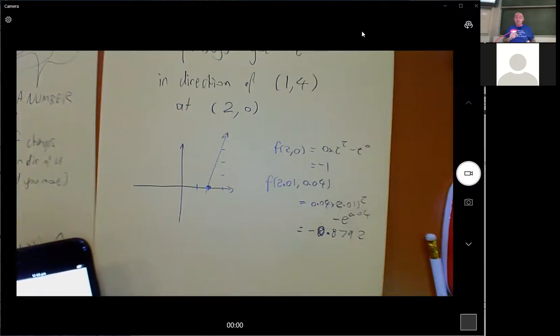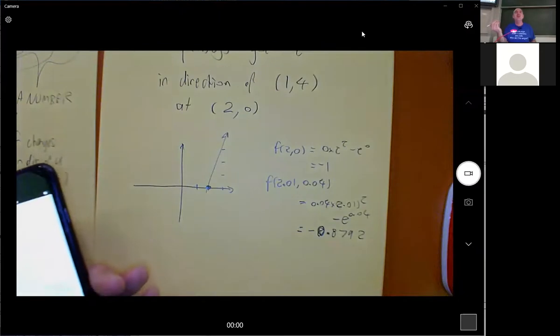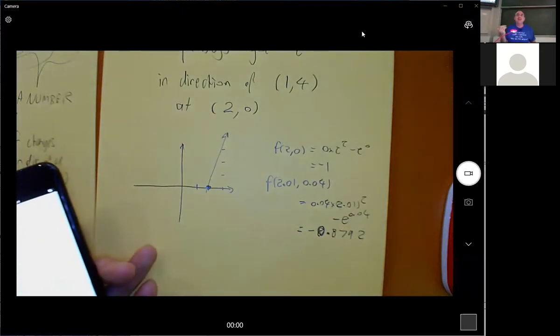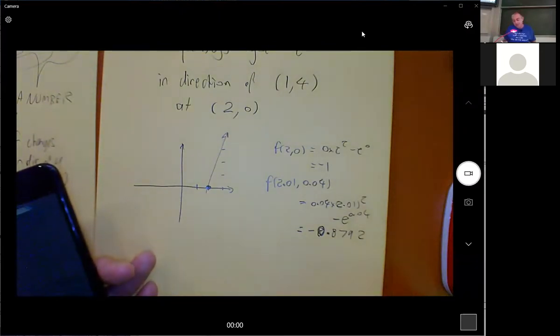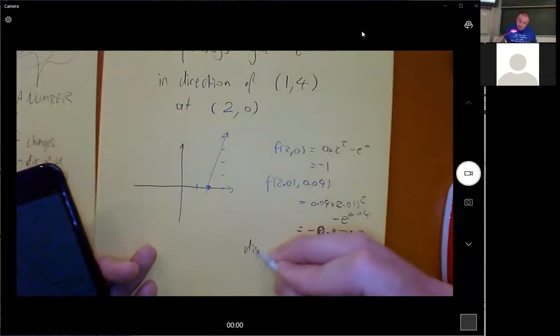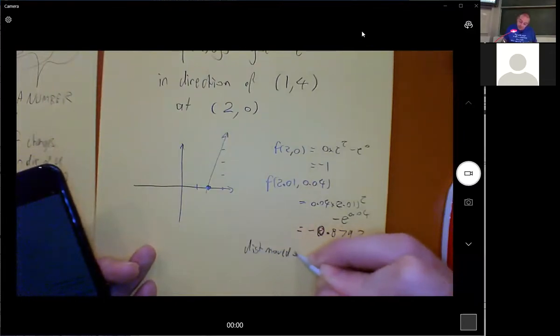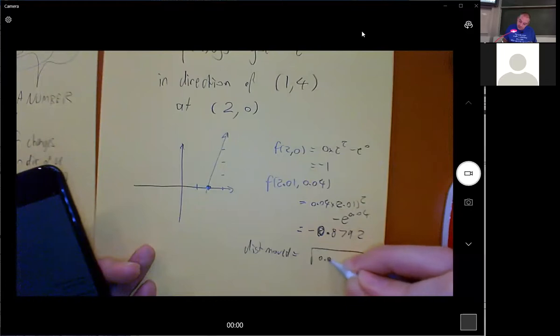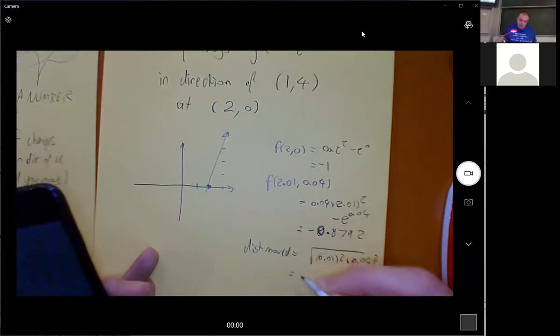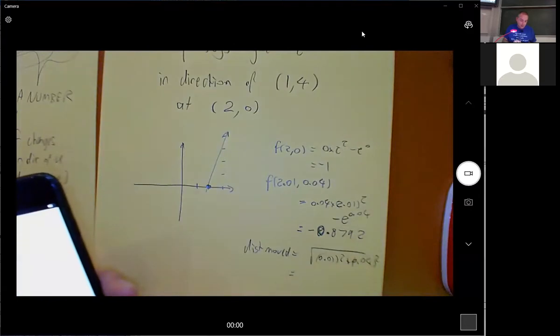So the distance that I moved is, oh crap, Pythagoras' theorem, I'd have to do that. That's sad. So the distance moved is the square root of 0.01 squared plus 0.04 squared, which is horrible.